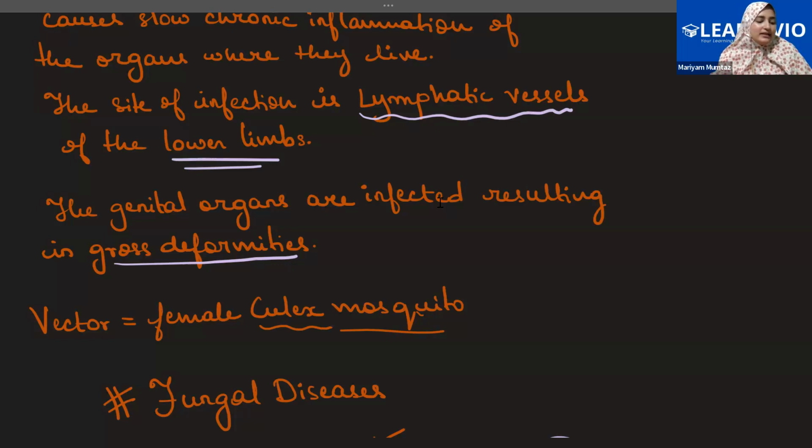How does a person get tetanus? How is the person getting the disease? Like, malaria is caused by the bite of the Anopheles mosquito.